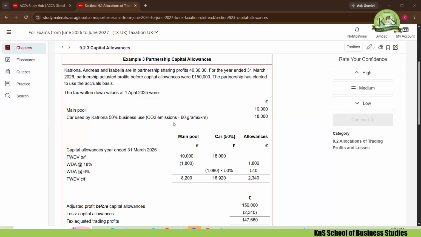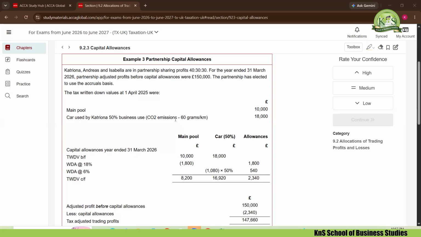And carbon dioxide emission is 60 grams per kilometer. This is very important, because when a car emits more than 54 grams, it is categorized into the special rate pool. You will not categorize this into the main pool. So when you study the carbon dioxide emissions of cars, you will pick up where you should classify them, and at what rate the car is going to be taxed.